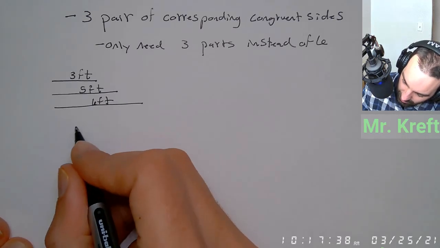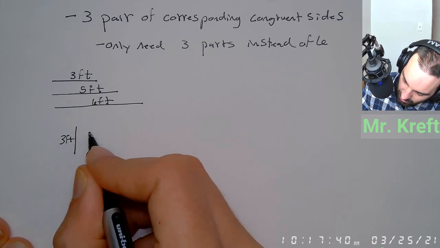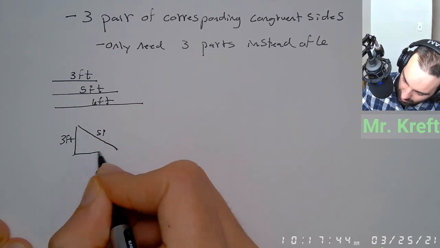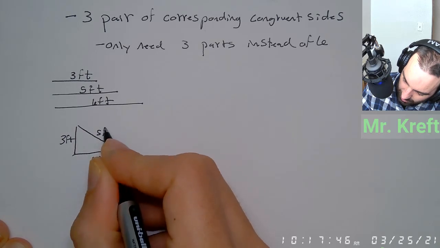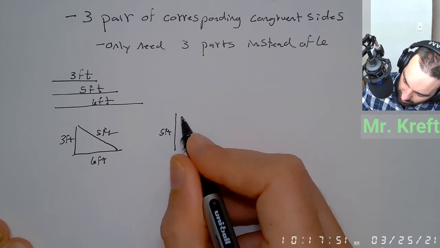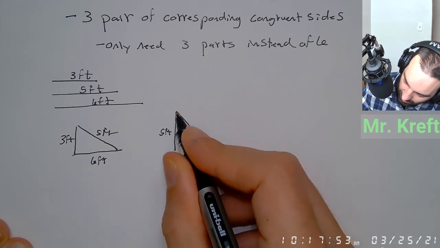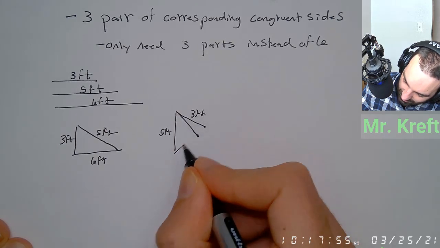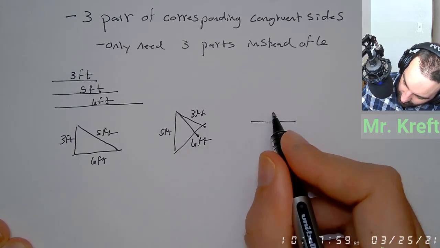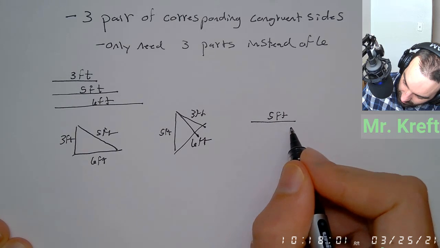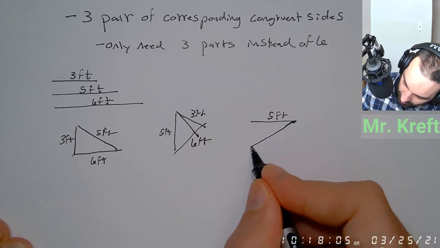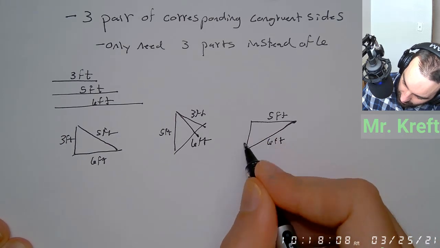And you might think, well, what if I make a triangle like this? Maybe not drawn correctly, but 5 feet. But what if I go like this? 5 feet, 3 feet, 6 feet. Or if I go 5 feet, 6 feet, 3 feet.